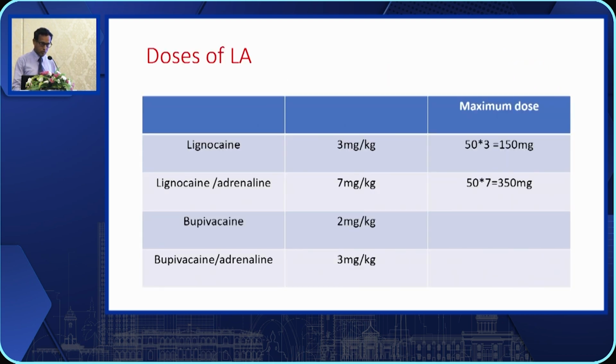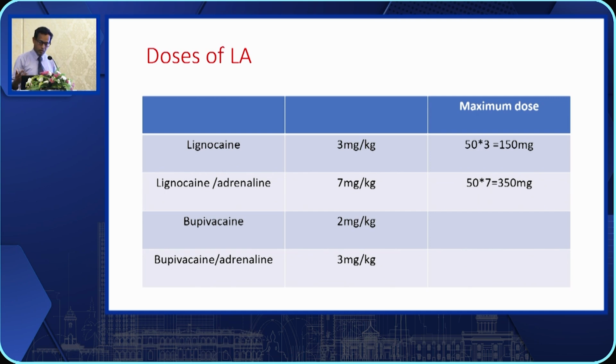The dose of local anesthetic is very important. If you give the correct dose, there is very little likelihood of complications like toxicity. The lignocaine dose is 3 milligrams per kilogram, but we give volumes, so we have to calculate according to the percentage. We have 2% lignocaine, meaning 20 milligrams per ml.